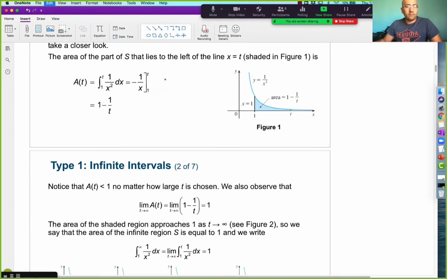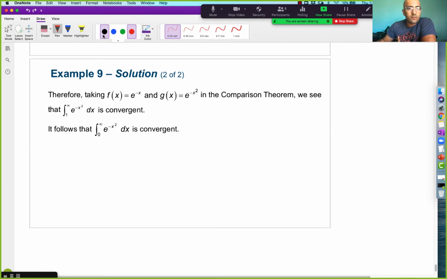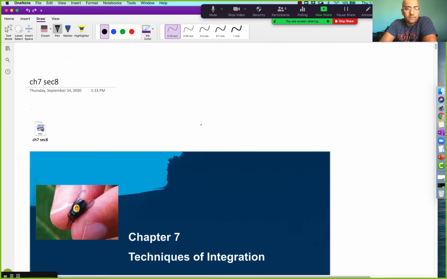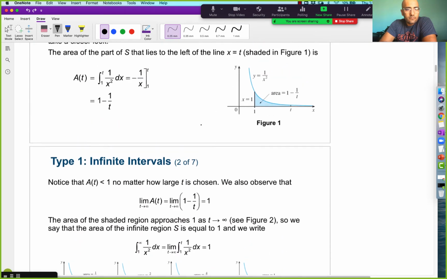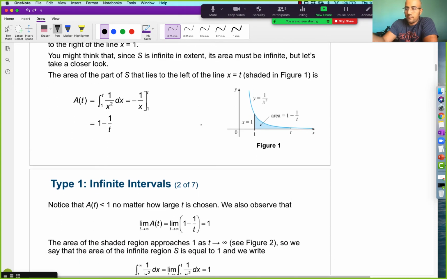Oops. Just making sure that this part here is clear.